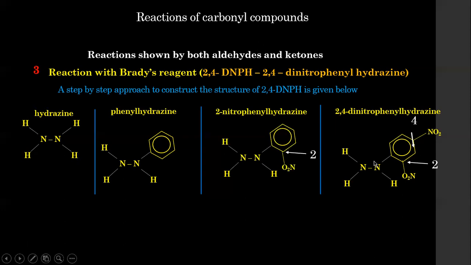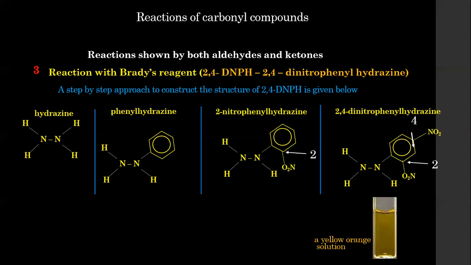In order to help you how to draw this 2,4-DNPH structure, I constructed the structure starting with the hydrazine, the simplest basic molecule. Actually, this 2,4-dinitrophenyl hydrazine is kind of a yellowish orange solution. We use it as an identification in identification test.